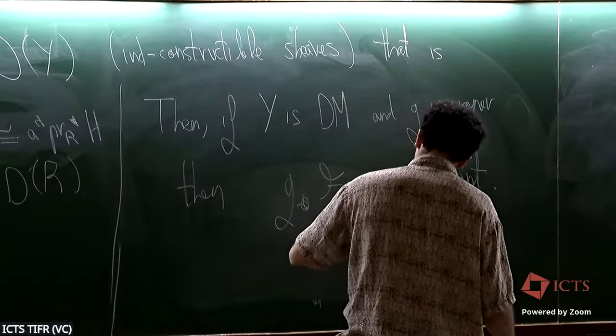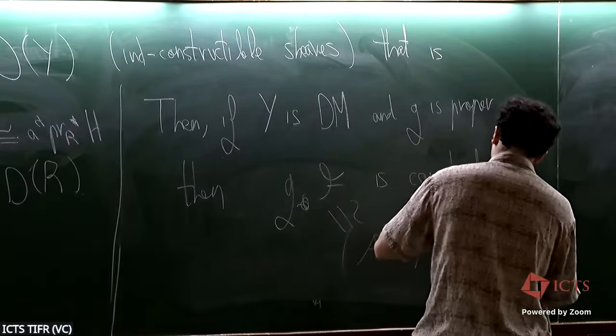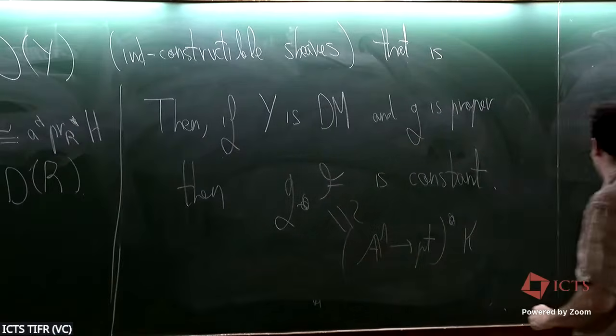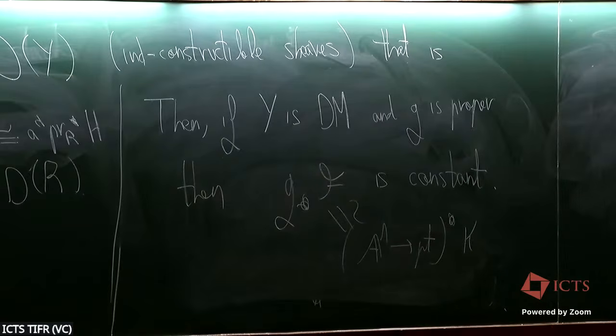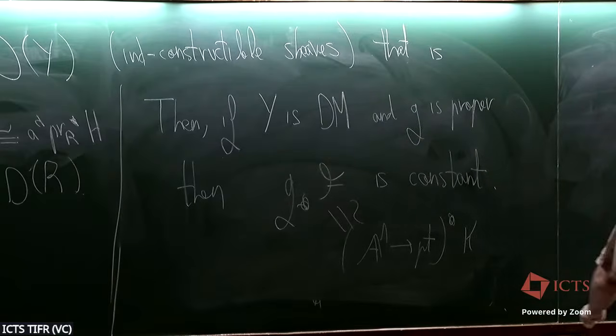So this is isomorphic to a pullback from something that lives on the point. Okay, so this is a lemma that is not a hard lemma. It's something that we can use by checking that the unipotent vanishing cycles of this F is 0.